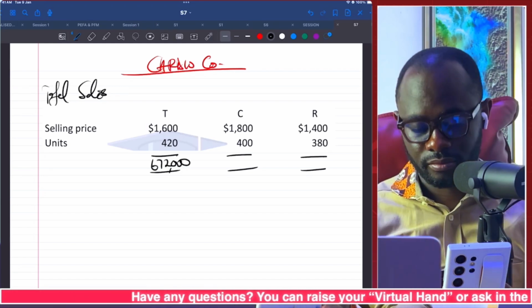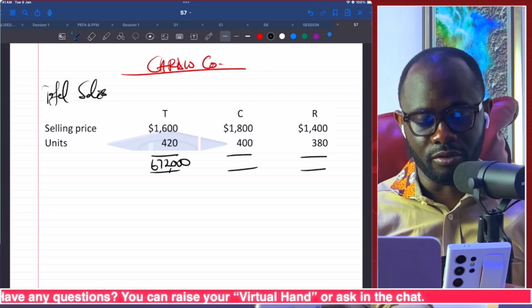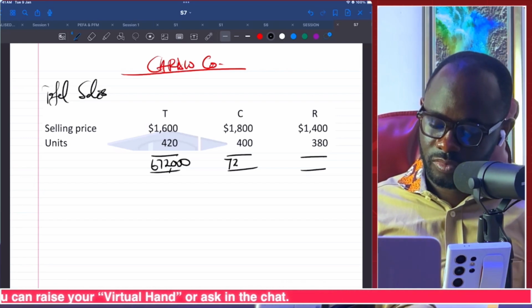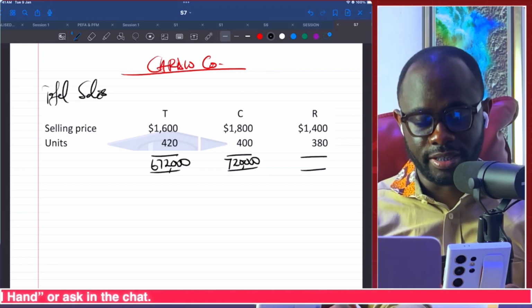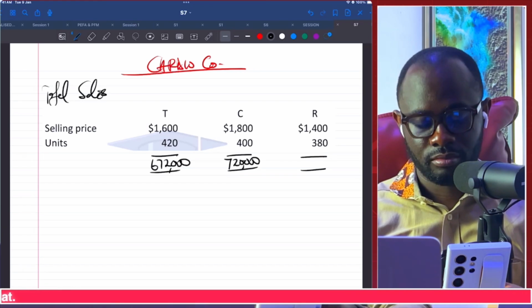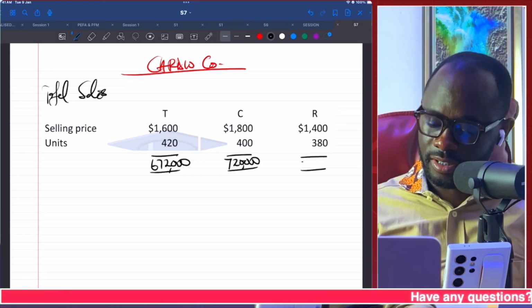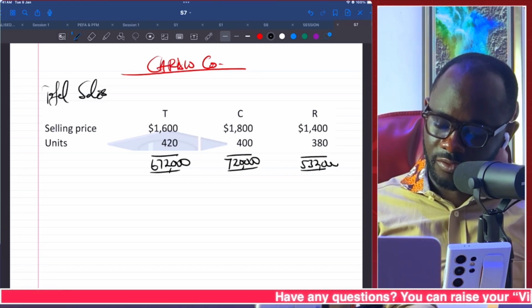672,000. 1,008 by 400, 720,000. 1,004 by 380, 532,000.